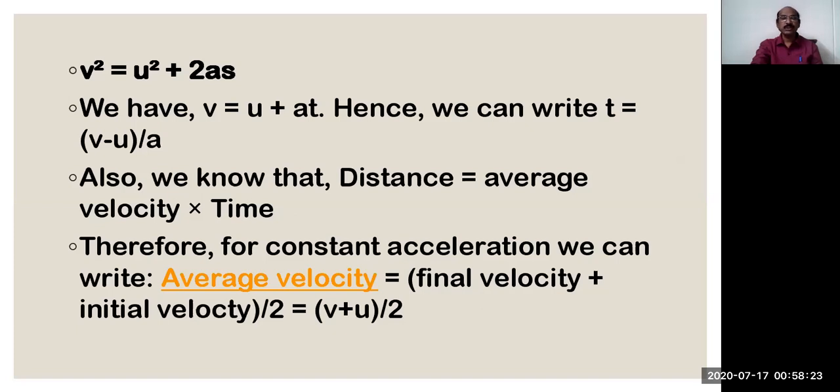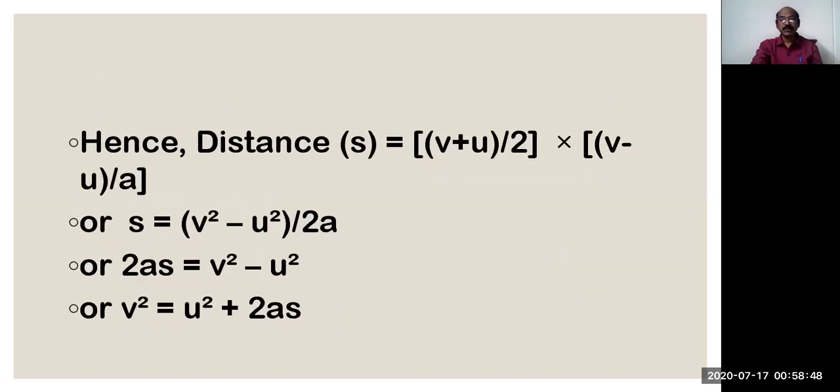And we know that displacement is equal to average velocity into time. Therefore, if a body covers displacement s in time t, then for constant acceleration we can write average velocity equal to final velocity plus initial velocity by 2, that is, v plus u by 2.